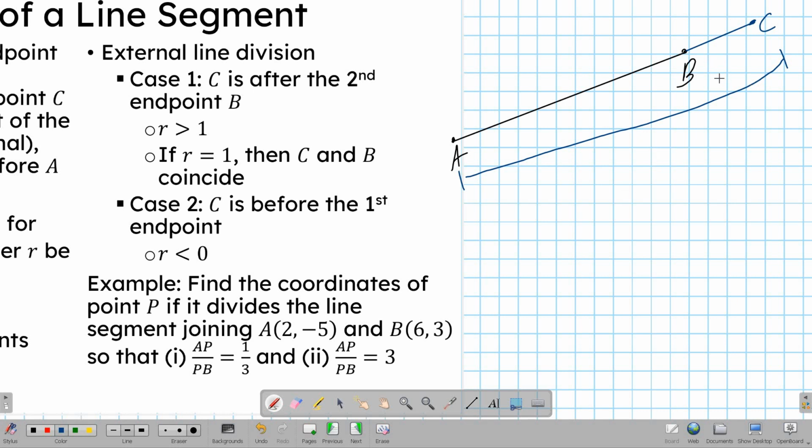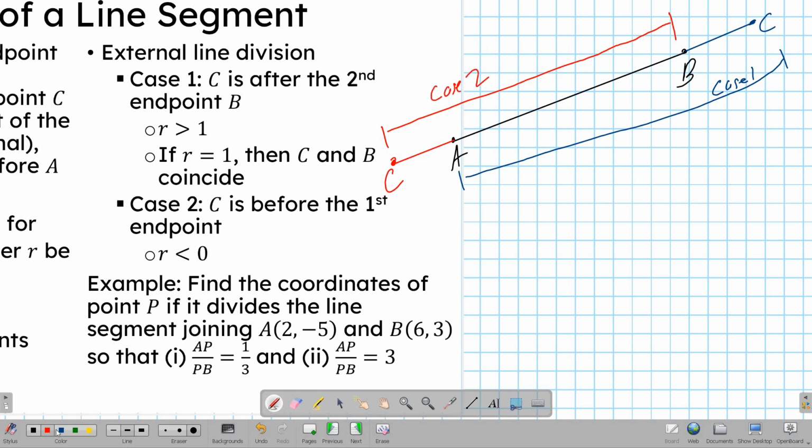That's case 1. In case 2, the point C is before the first endpoint A. If this is the first endpoint A and this is the point C, then AB is, quote-unquote, divided, although AB isn't the one actually divided. An extension is made, and AB becomes one of the parts. And it's not divided equally. This is case 2.